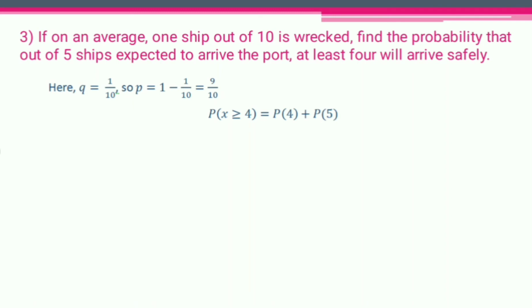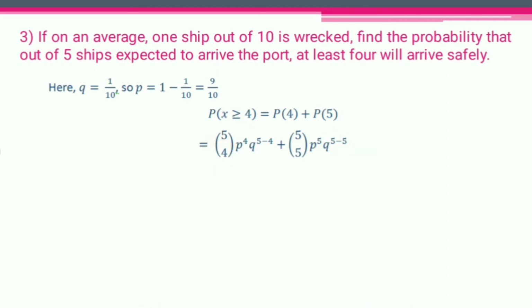We'll apply binomial here, with p equal to 9 by 10, q equal to 1 upon 10, and n equal to 5. So 5c4 p raised to power 4 q raised to power 5 minus 4, plus 5c5 p raised to power 5 into q raised to power 5 minus 5.